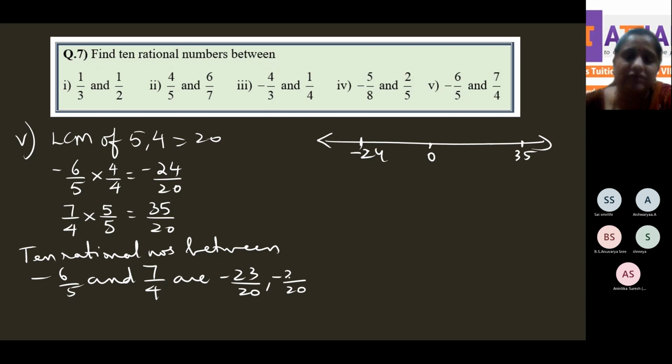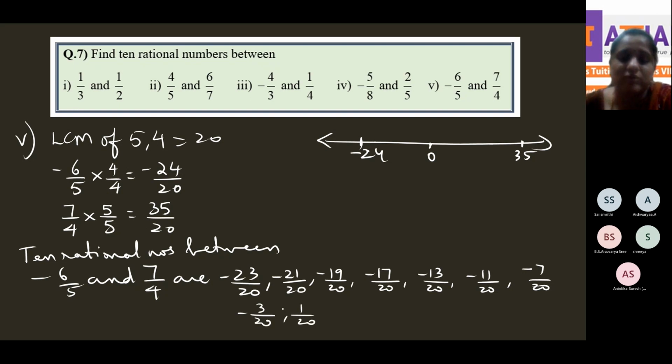So minus 21 by 20, minus 19 by 20, minus 17 by 20, minus 13 by 20, minus 11 by 20, minus 7 by 20, minus 3 by 20, minus 1 by 20, and 0 by 20 or 0. Then 1 by 20.